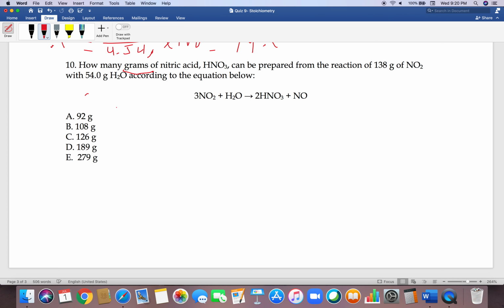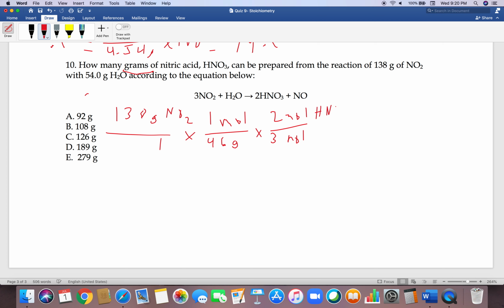So I'll start with the NO2. I have the 138 grams of NO2. I know that 1 mole of NO2, let's see, well, 14 grams for nitrogen, 16 grams per oxygen, so that should be 46 grams. Just having a little bit of a mental blank for a second. 3 moles of nitrogen dioxide from the balanced chemical equation per 2 moles of nitric acid.